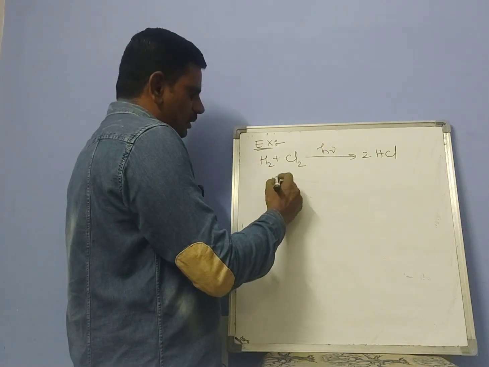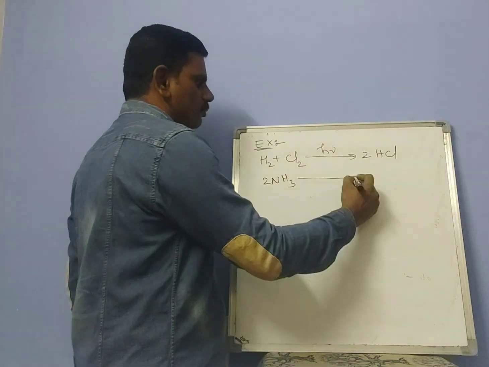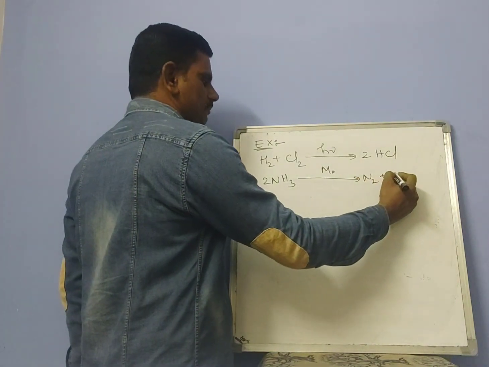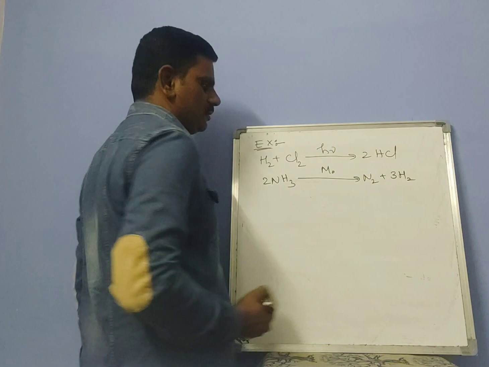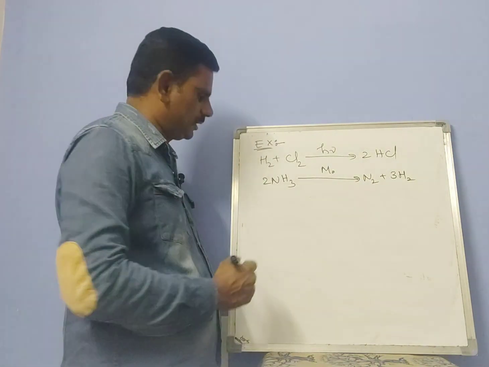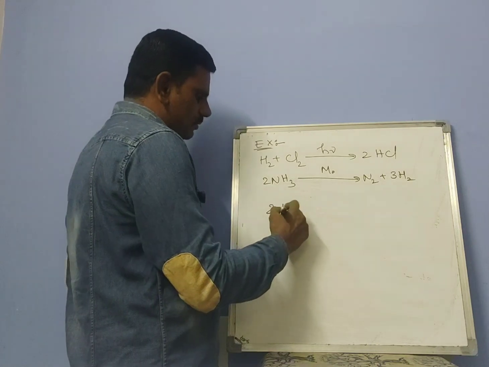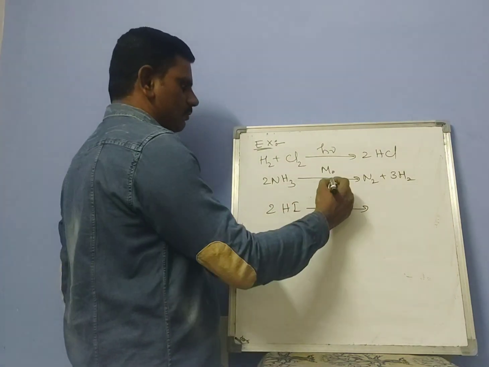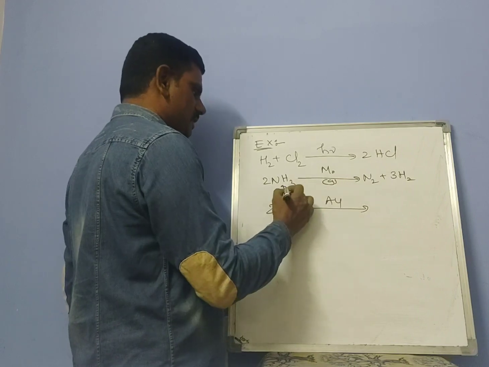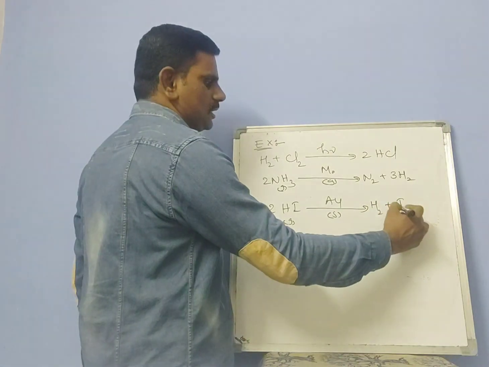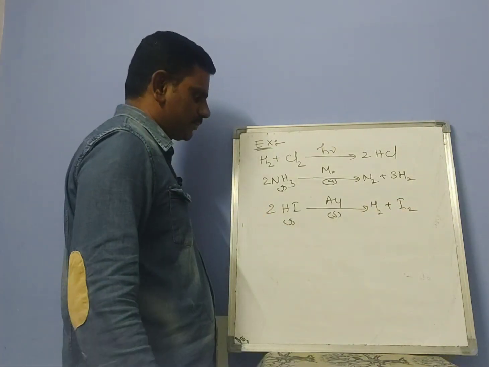Now, the decomposition of ammonia in the presence of a molybdenum catalyst, N2 and 3 moles of hydrogen are formed, right? Next, 2 moles of hydrogen iodide in the presence of gold. Of course gold is solid, hydrogen iodide is gas, and it decomposes into hydrogen and iodine.